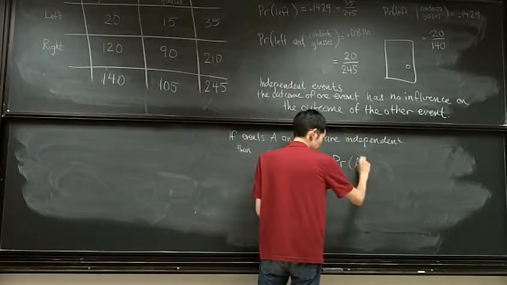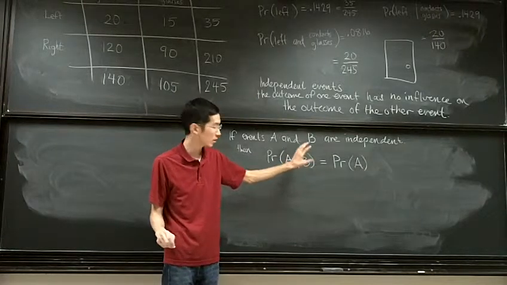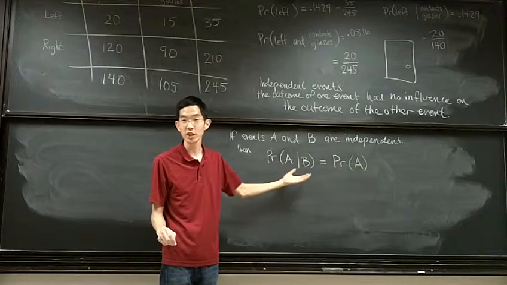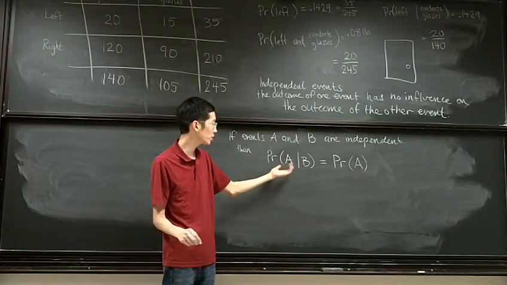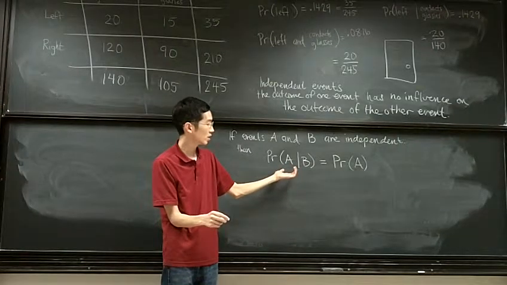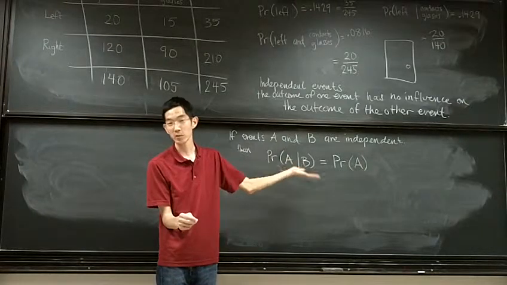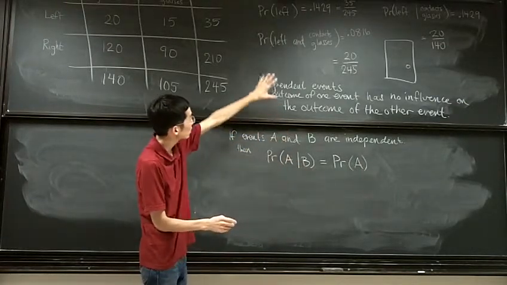A. Okay. So if A and B are independent, knowing that B has happened doesn't change our answer about whether A or not has happened. So the probability of A happening, whether or not B has happened, is just the probability of A happening, if A and B are independent.